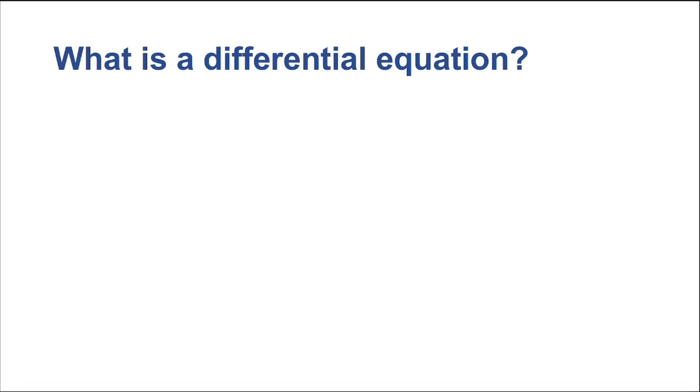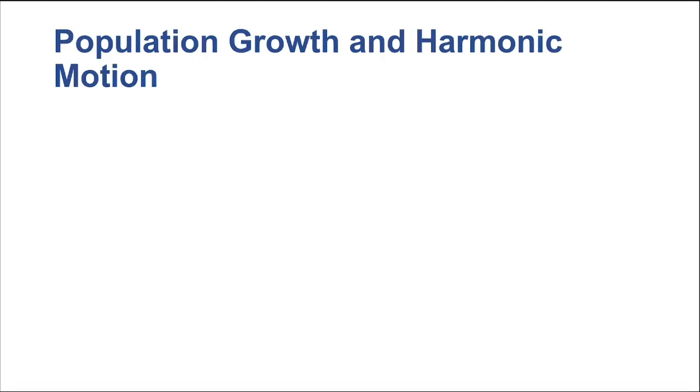So let's go through a couple of quick examples, and this will talk to us about how to solve these things, because it's going to look fairly simple at first, and then we're going to get into some tricky bits later. Anyways, we're going to talk about population growth and harmonic motion first.